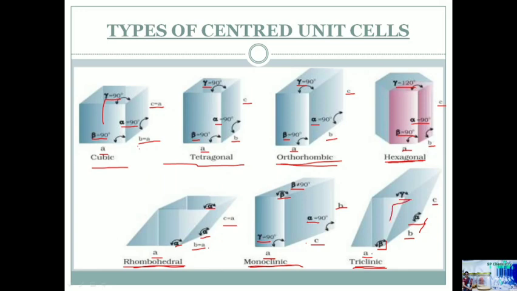And as an example of this triclinic crystal system, you can remember CuSO4·5H2O, that means water of crystallization is 5, that is blue vitriol. Copper sulfate pentahydrate is known as blue vitriol, an example of the triclinic crystal system. Then all these were about the different centered unit cells.